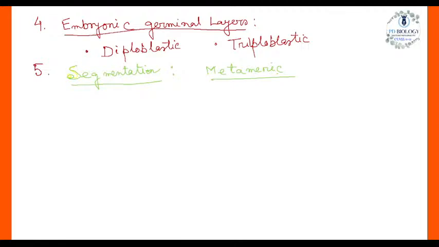What is metameric segmentation? The body is externally and internally divided into segments with serial repetition of at least some organs. And this is very much common in annelid earthworm.